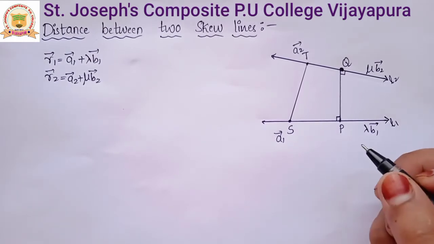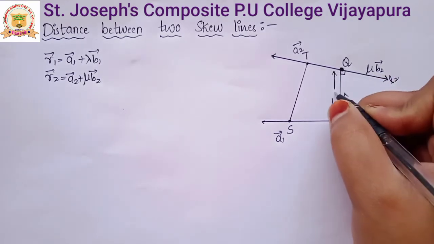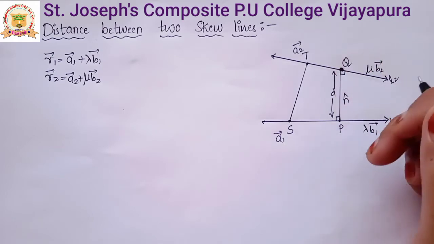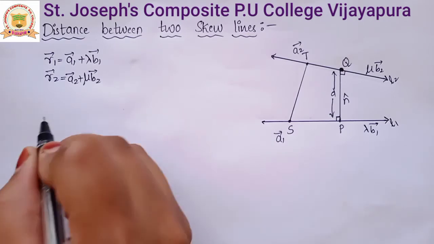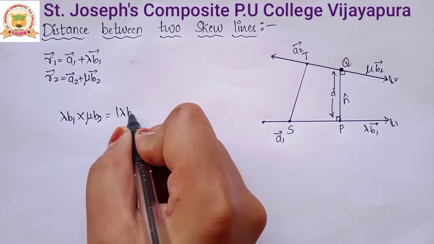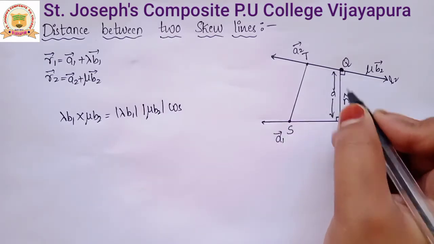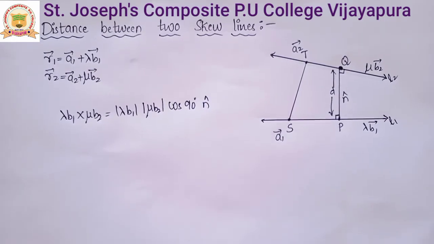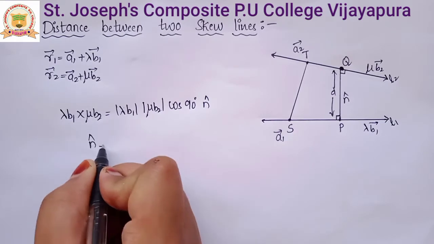And if I take its direction as n unit vector and its distance as d, small d, the unit vector n cap along PQ would therefore be defined as lambda b1 cross mu b2 is equal to magnitude of lambda b1 into magnitude of mu b2 into sin 90 degrees into n unit vector, because it is perpendicular.